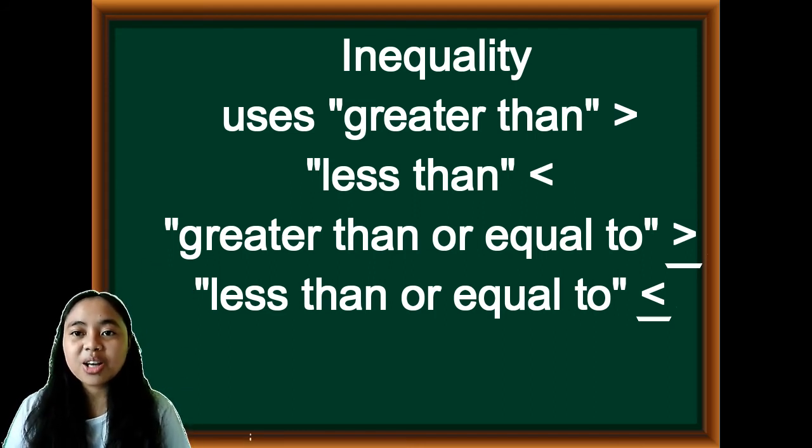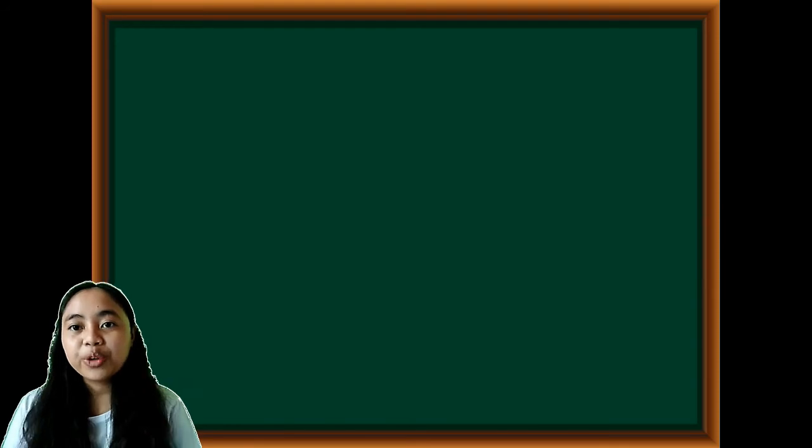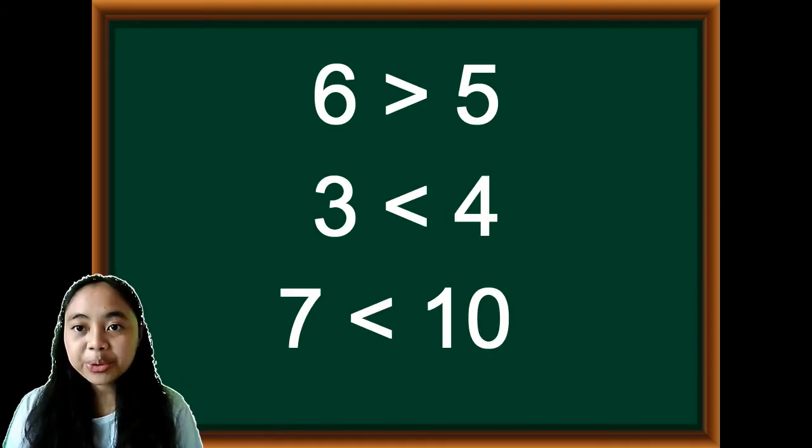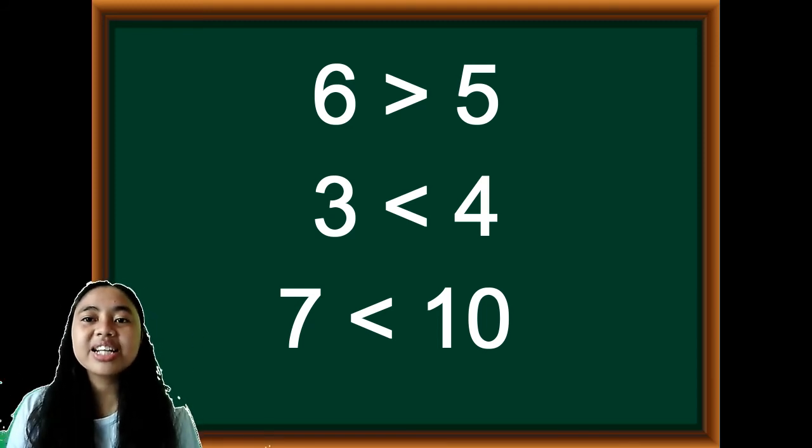The common ones are greater than and less than. We also have greater than or equal to and less than or equal to. For example, 6 is greater than 5, 3 is less than 4, 7 is less than 10.